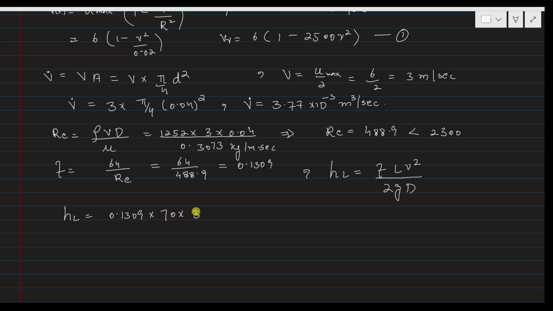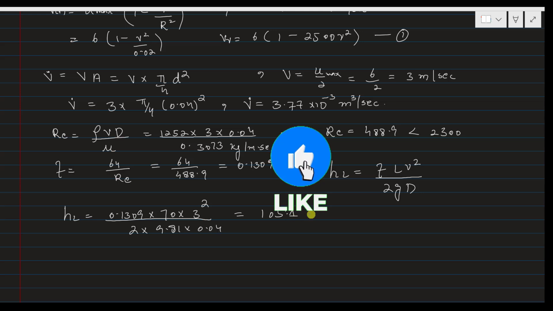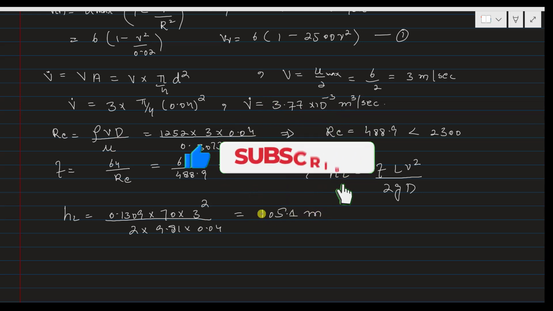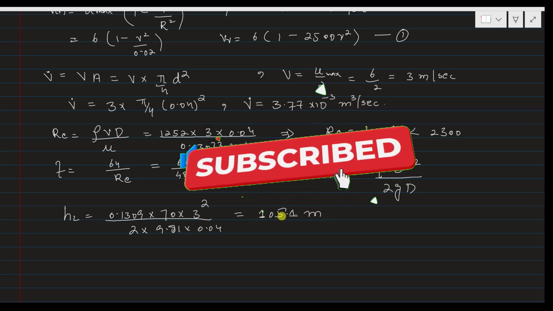V square is the velocity inside the pipe, that is 3 square. 2g is constant, 9.81. Dia 0.04. After solving this you will get the head loss, that is 105.1 meter. So this much head loss occurs inside the pipe.